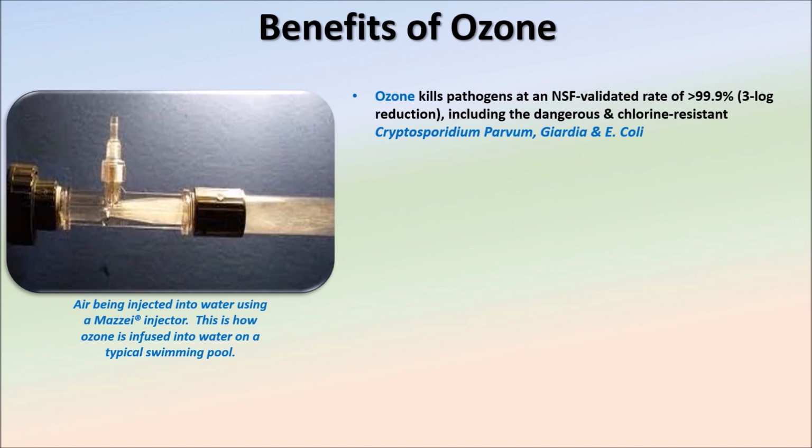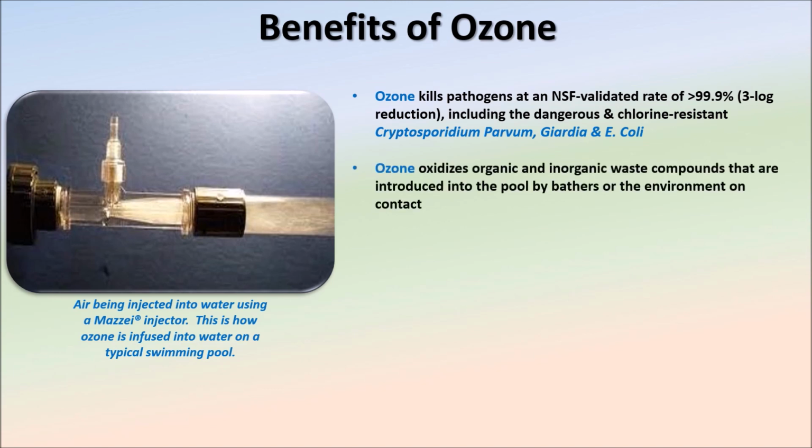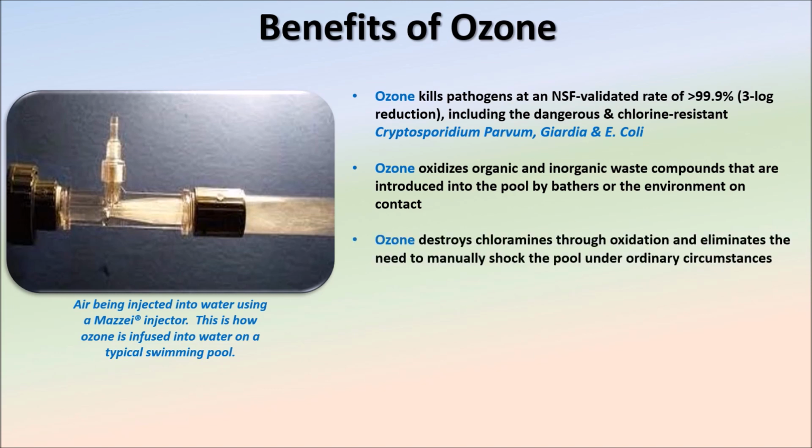This includes virulent, dangerous, and chlorine-resistant ones like Cryptosporidium parvum, Giardia, and E. coli. Additionally, ozone oxidizes organic and inorganic waste compounds that are introduced into the pool by bathers or via the environment, and it does it on contact. This includes chloramines, and this is where we see the wonderful benefit of eliminating the need to manually shock the pool under ordinary conditions.